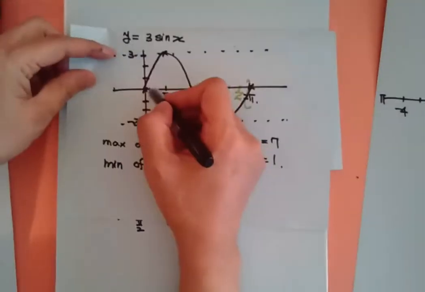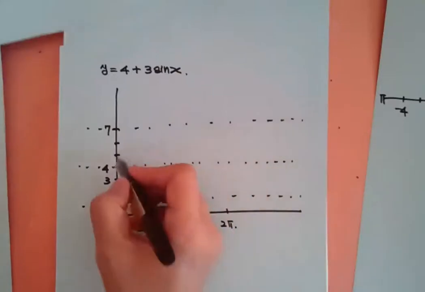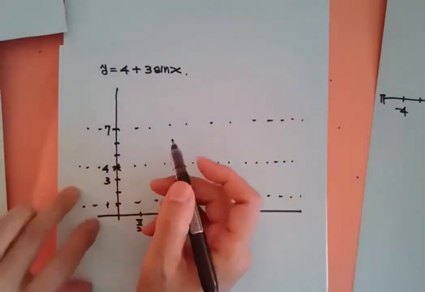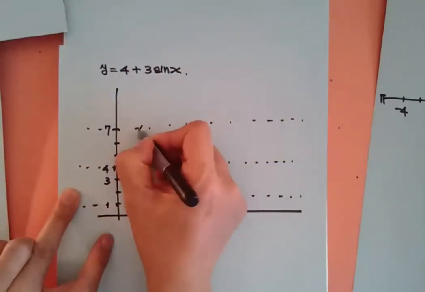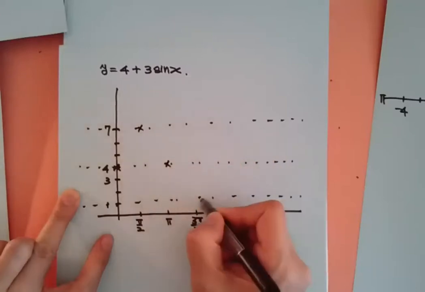It starts in the middle, and then it follows the general shape of the sine graph.